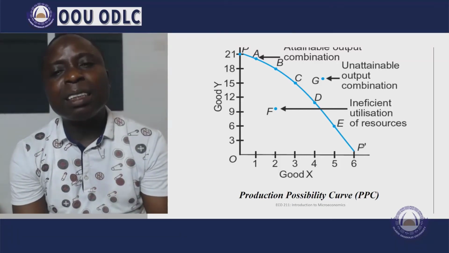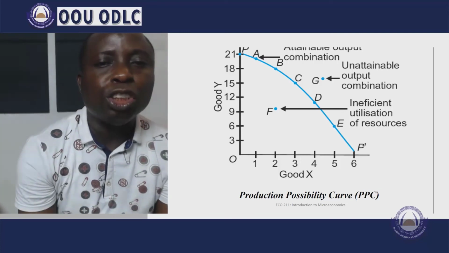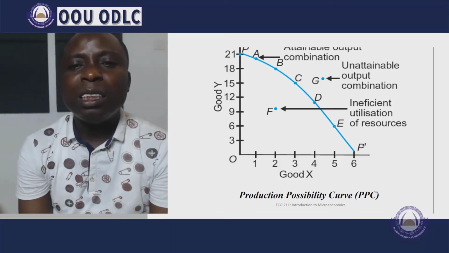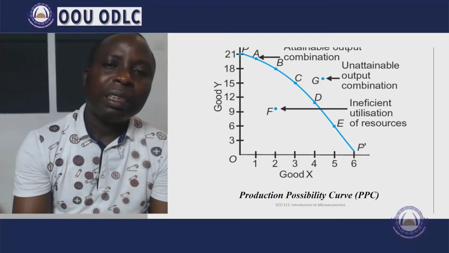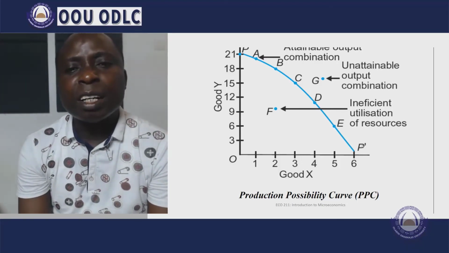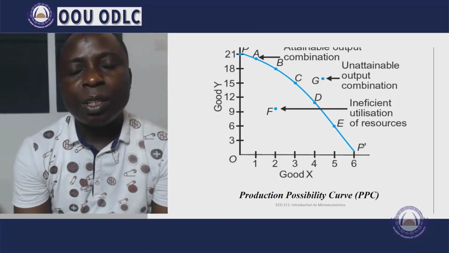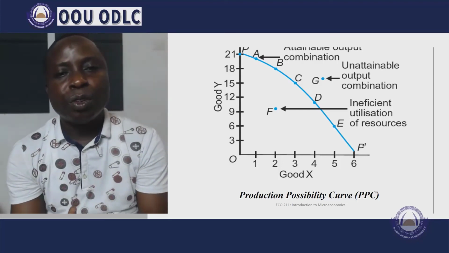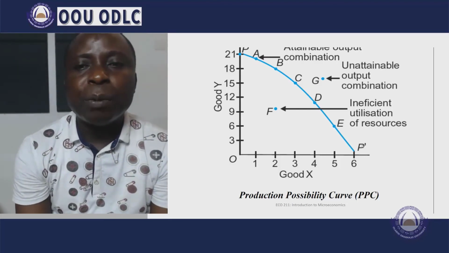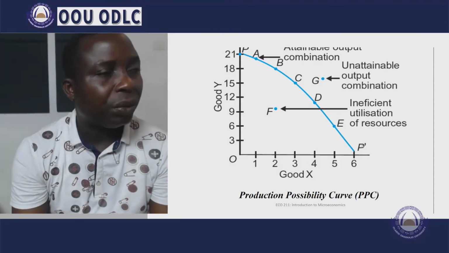If you look, there is also another point G. That point G is a point that all economies are trying to achieve, and that point is outside the concave curve, and the point is called unattainable output combination.